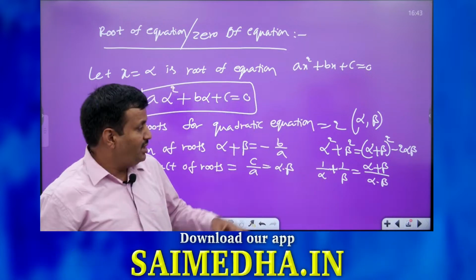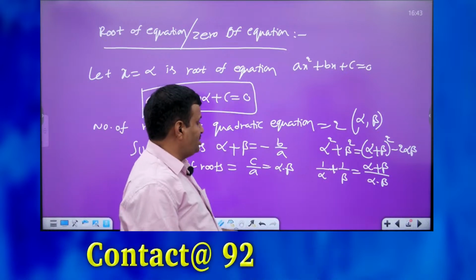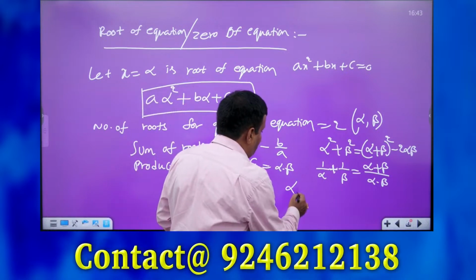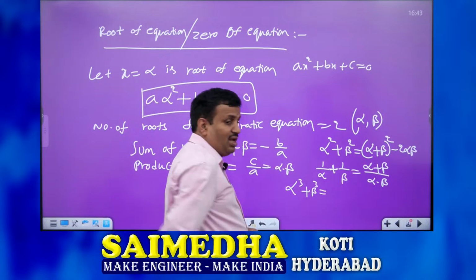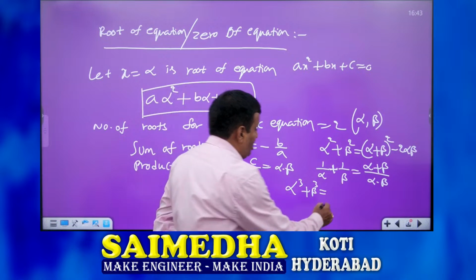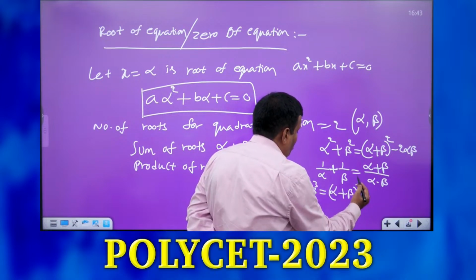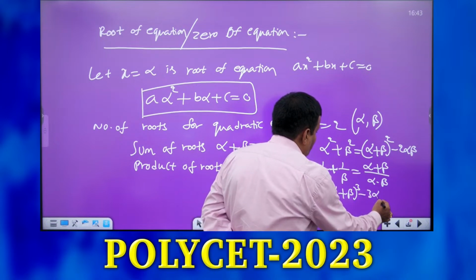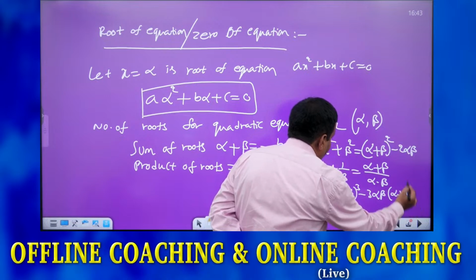Alpha plus beta is the sum of the roots, and alpha into beta is the product of the roots. Also we should know the alpha cube plus beta cube formula: alpha cube plus beta cube is alpha plus beta whole cube minus 3 alpha beta into alpha plus beta.